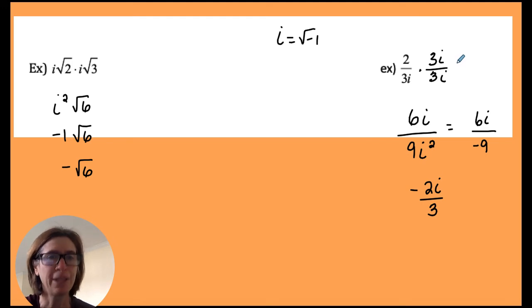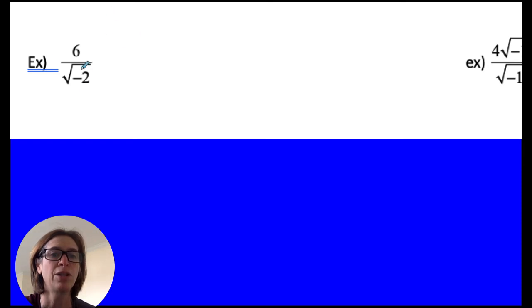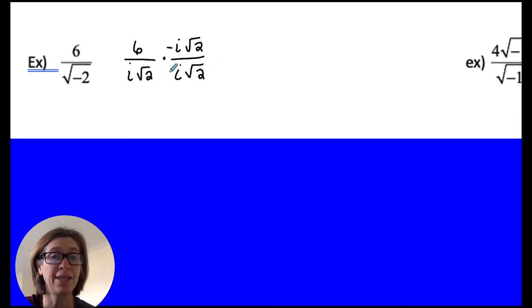All right, here we go. 6 divided by the square root of -2. First I'm going to simplify that to 6 all over i root 2. Now I'm going to multiply by i root 2 over i root 2. Actually, I'm going to do the conjugate so you can see it, so negative i root 2. That's going to give me negative 6i root 2 all over negative i squared times 2.